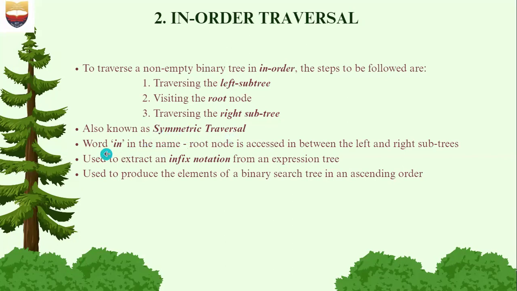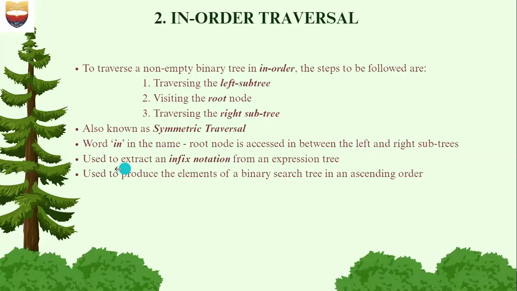The term "in" in the name in-order refers to the root node being accessed or visited in between the left and right subtrees. That is, the root node is visited after visiting the left subtree and before visiting the right subtree.